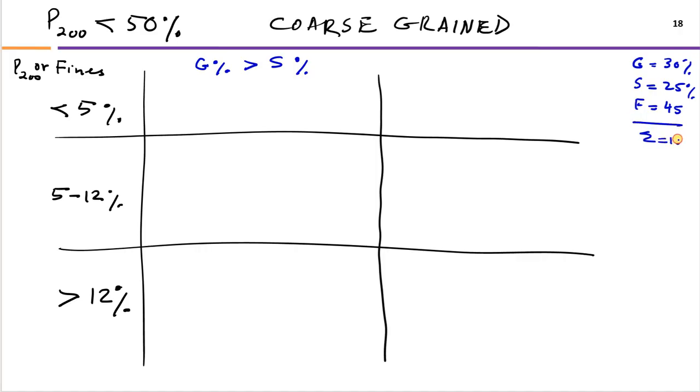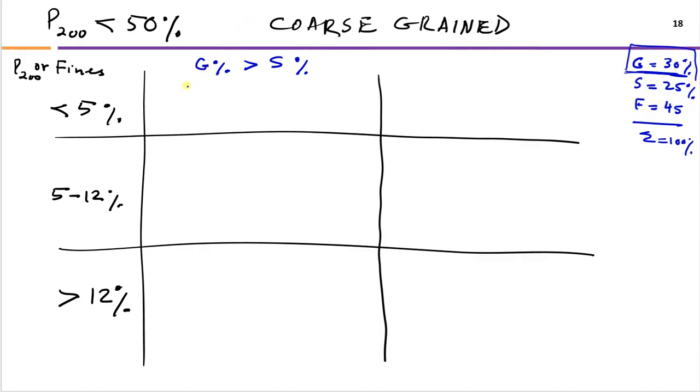In this soil, the gravels are 30%, sand is 25%, and fines are 45%. Because fines are less than 50, it is a coarse grained soil, and it will be called gravel because gravels are more than sand.